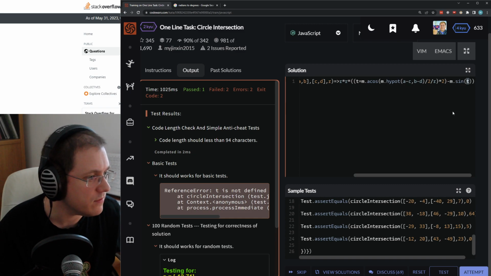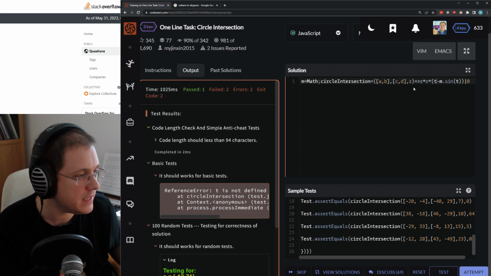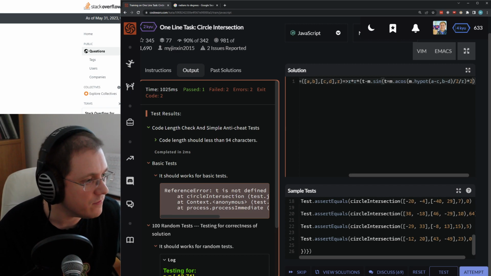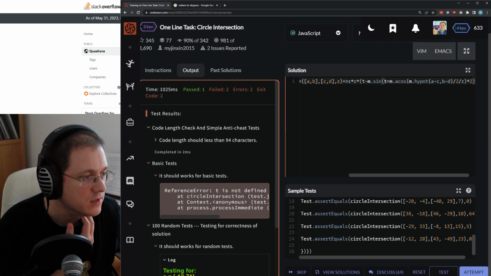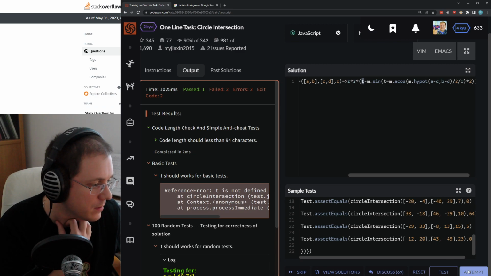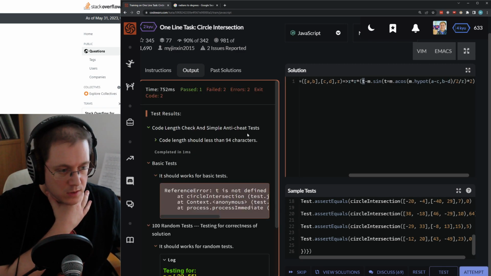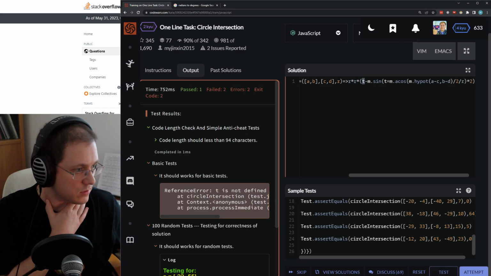And that would save us some brackets. However, the way it's evaluated is a problem, because if we just had t and then do that, it evaluates the expression from left to right, so t isn't assigned at this point. T is not defined.